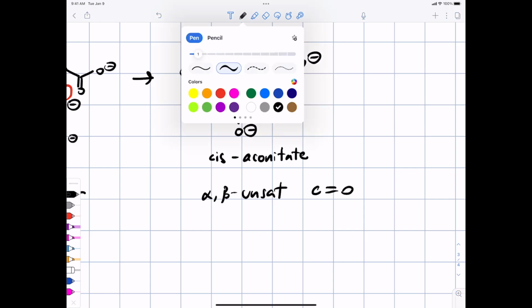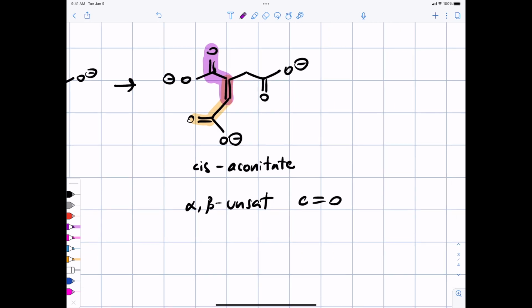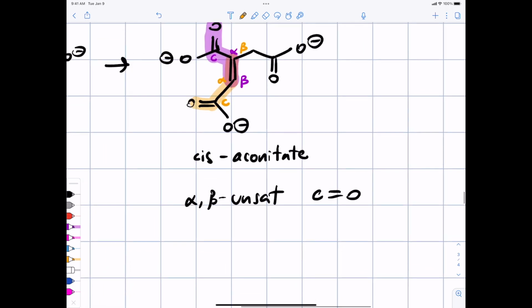And they both are conjugated to this double bond. From the perspective of the purple carboxylic acid, this is the alpha carbon and this is the beta carbon. From the perspective of the orange carboxylic acid, this is the alpha carbon and that's the beta carbon.